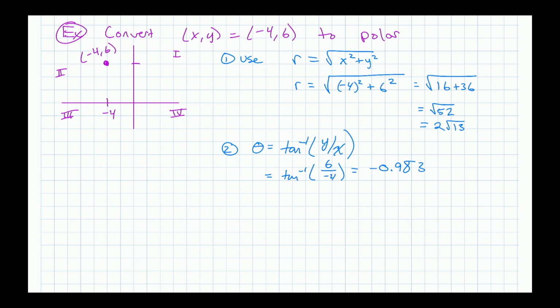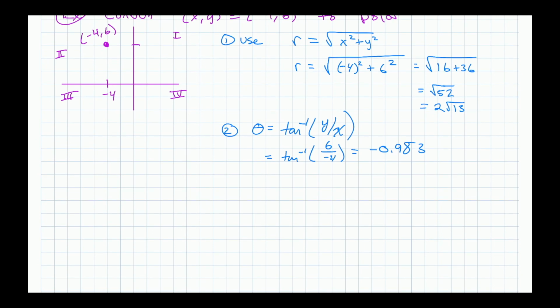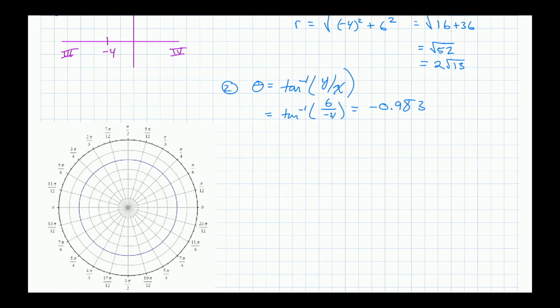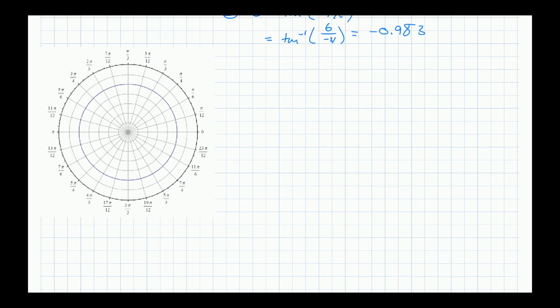0.983. Okay. Now, here's the thing though, if you look at the angles on this graph here, we get the coordinates back up. If you look at where negative 0.983 is, it would be where? So this is 0, of course.